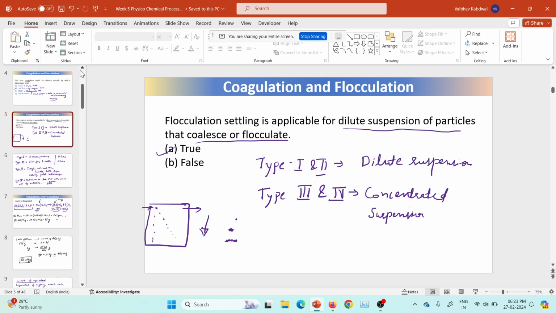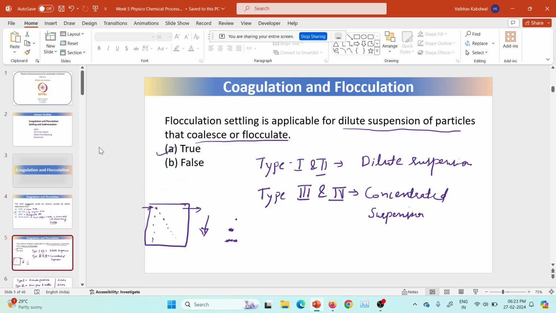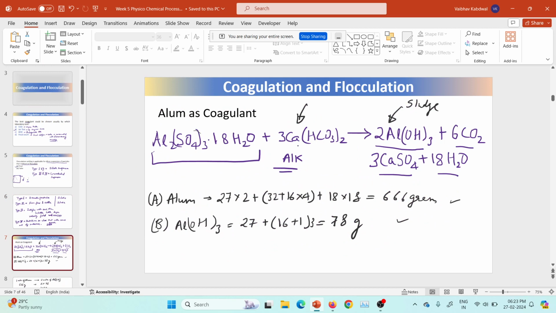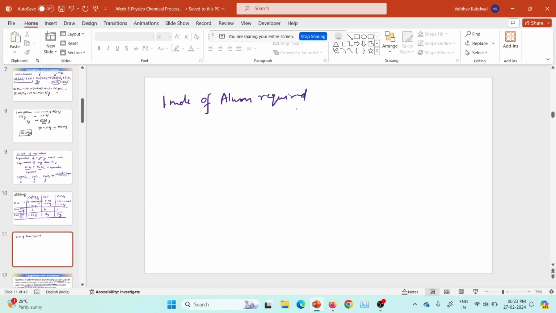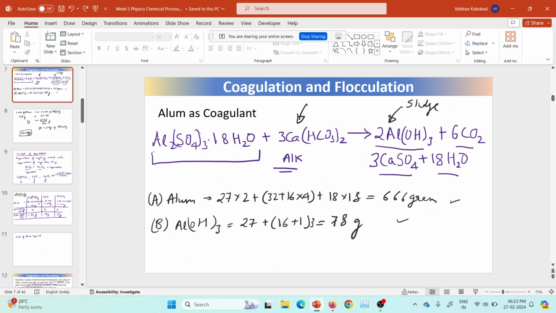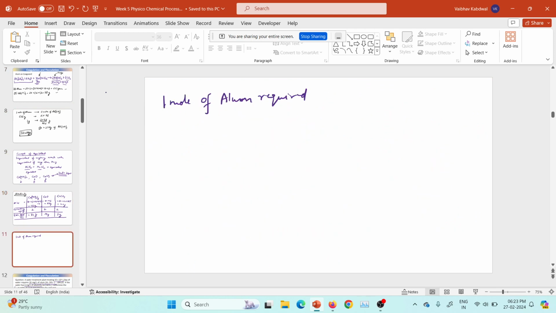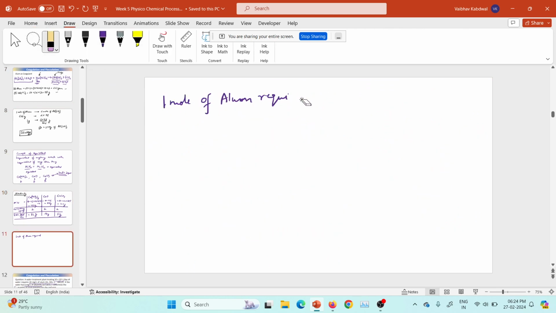That is that equation. 3 moles of alkalinity. 1 mole of alum requires 3 moles of Ca(HCO3)2. This is alkalinity.